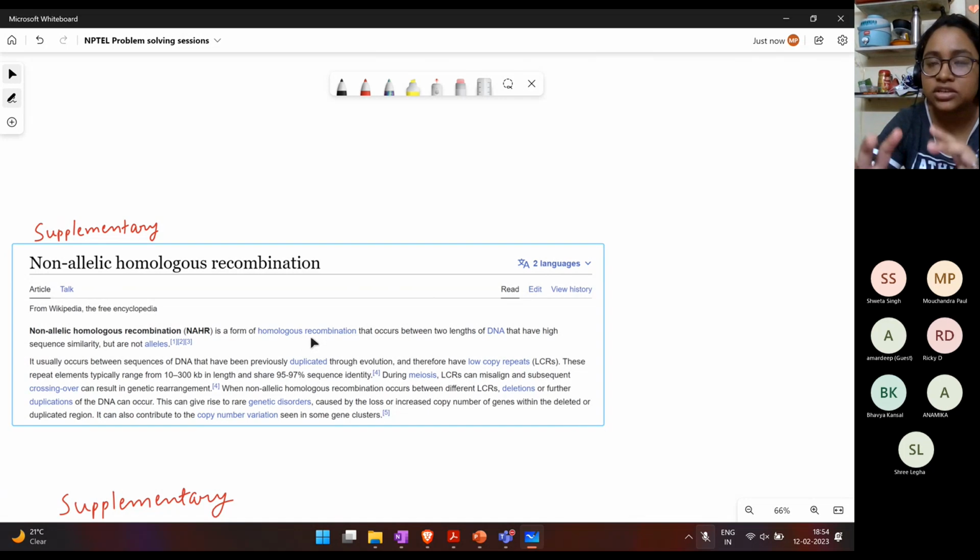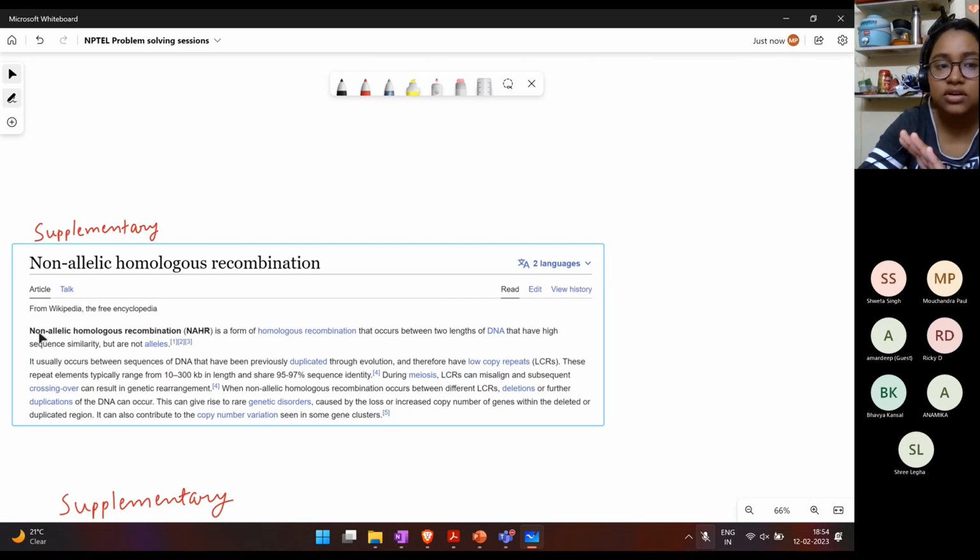But the regions where the recombination is happening are not alleles, but are DNA sequences with high sequence similarity. Wherever the crossing over is happening, you understand, right? One sister chromatid is crossed with another sister chromatid of the two homologous chromosomes, sorry, two non-homologous chromosomes. So the recombination is happening at the place where the genes are not alleles to each other, but the DNA sequence similarity is quite high.